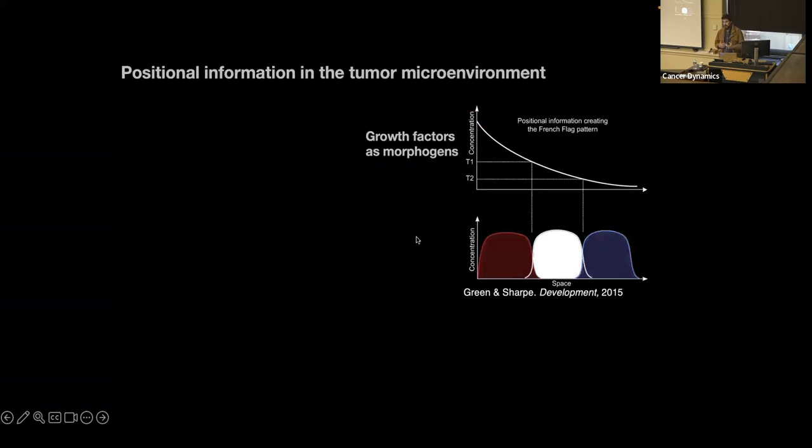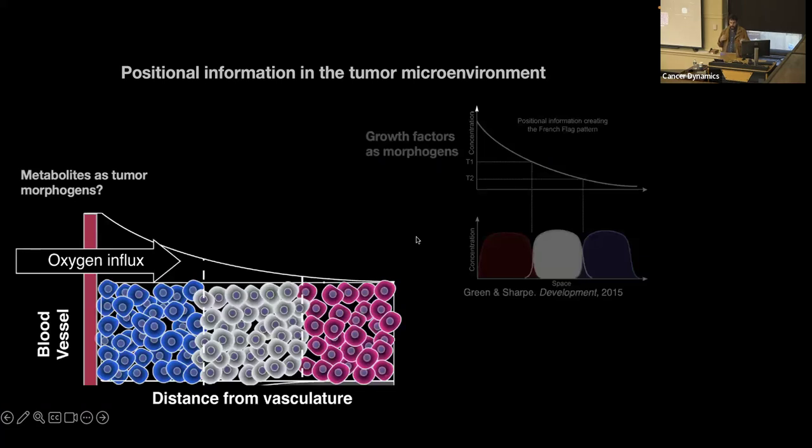My background at UCL, in the UK, was developmental biology, where it's all about how gradients of signals determine different tissues and specify different cell types, even if those cells may be genomically identical. So a big part of the lab is trying to understand how the distance to a blood vessel may create metabolically different environments.